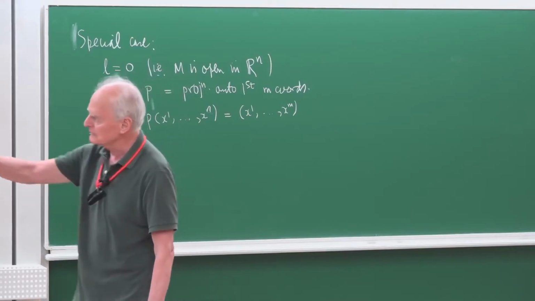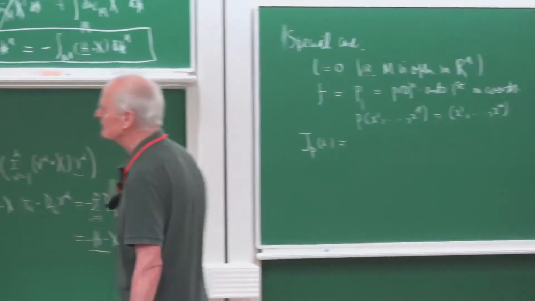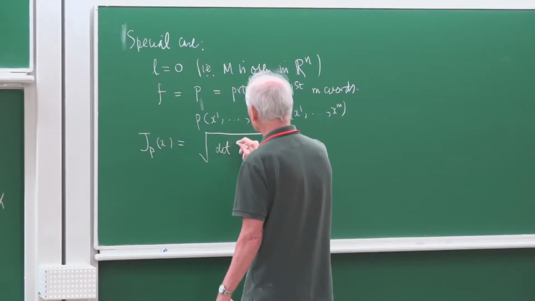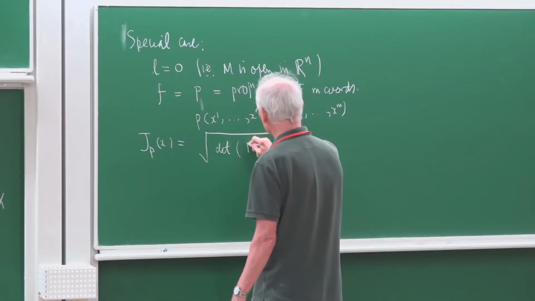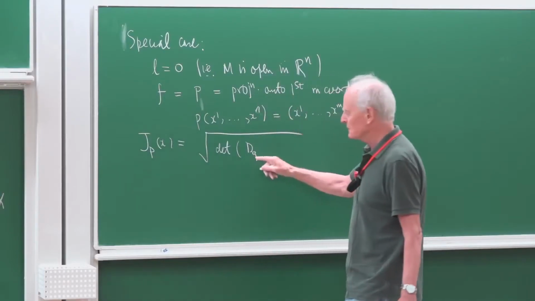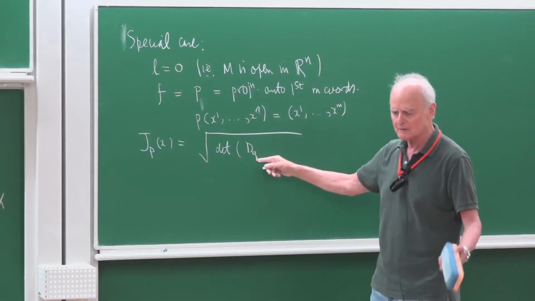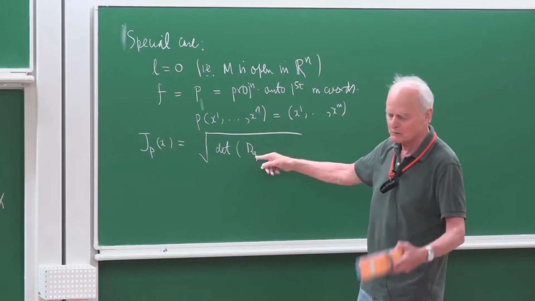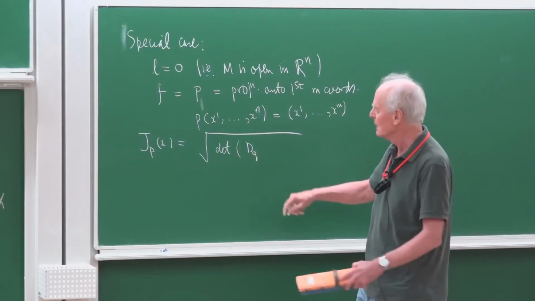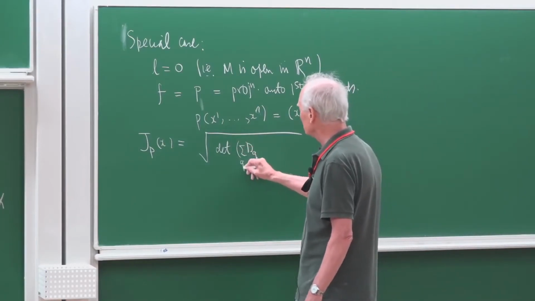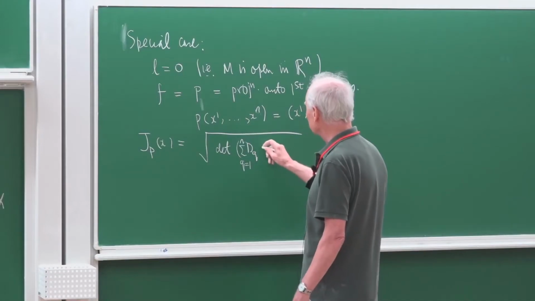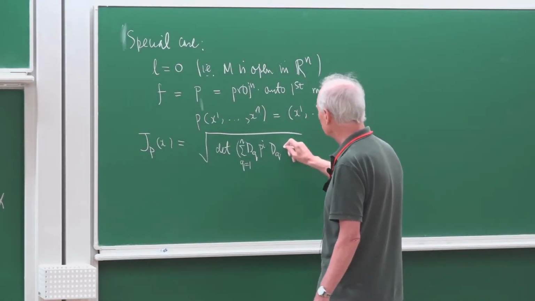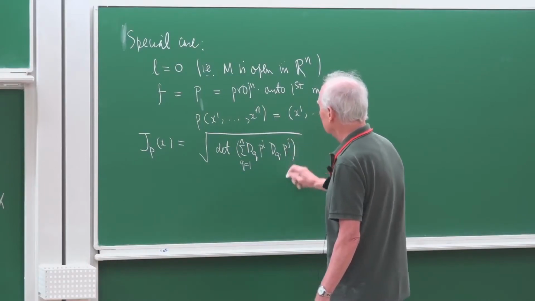Well, just follow the prescription there. It's the square root of det of the sum over q from 1 up to n of D_q, the ith component of P, times D_q, the jth component of P. The tau_q's are just the standard basis vectors in this case, right? We're just in an open set in R^n, so instead of tau_1 up to tau_q, we've got e_1 up to e_q.